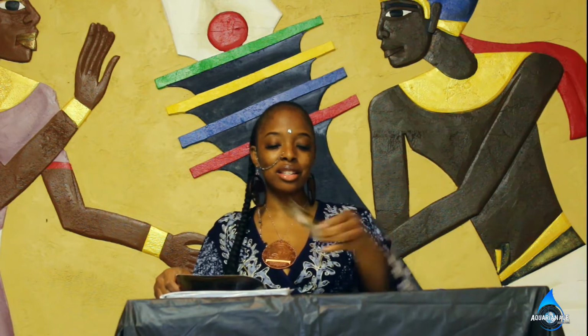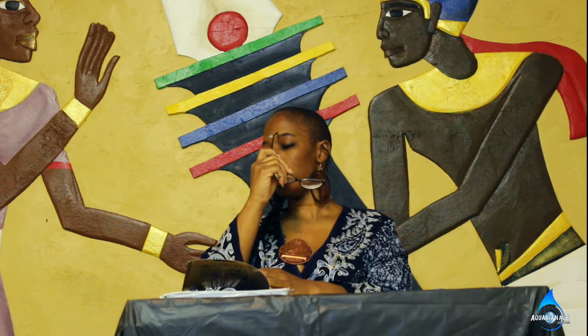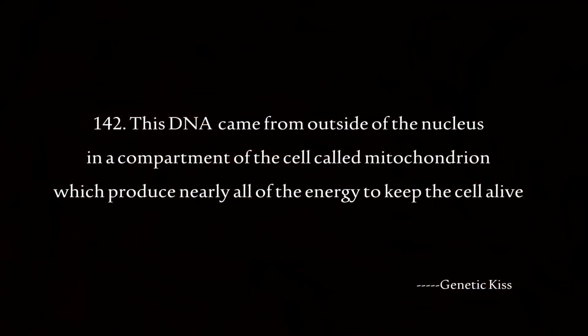For starters, in understanding the mitochondria, or mitochondrial DNA, I'm going to take a quote out of Geneticus, line number 142. Mitochondrial DNA, this DNA came from the outside of the nucleus in a compartment of a cell called the mitochondrion, which produces nearly all the energy to keep the cell alive.